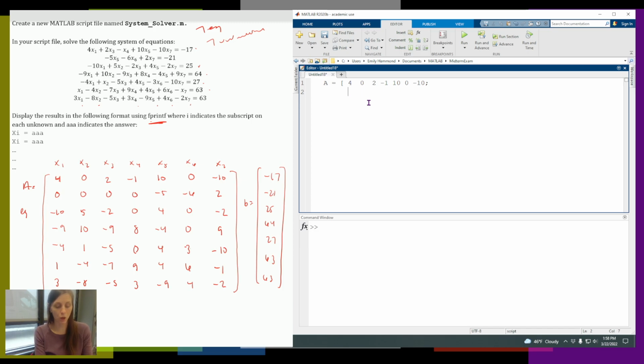One number at a time. It helps if you stack your numbers on top of each other. It makes everything look nicer. And space everything. It's easier for you to figure out if something went wrong. It's easier for us to see if you type something wrong. And you just chug in one number at a time.